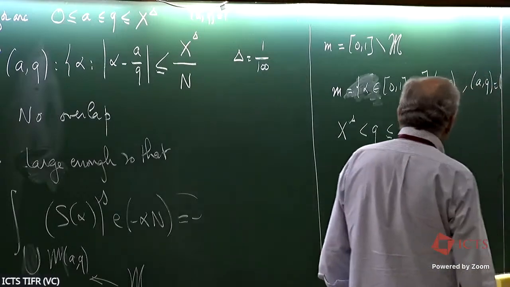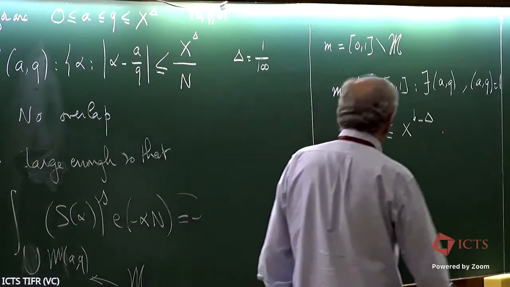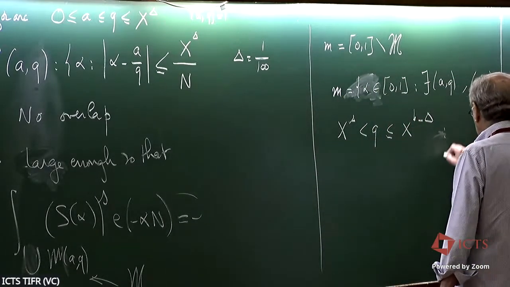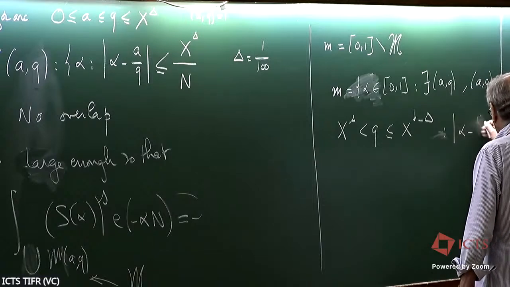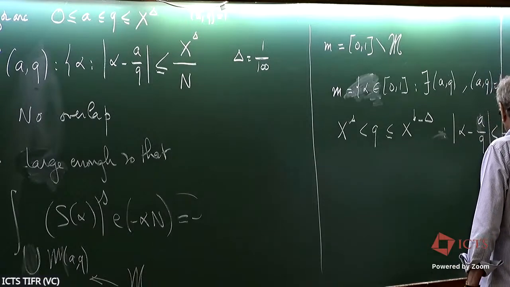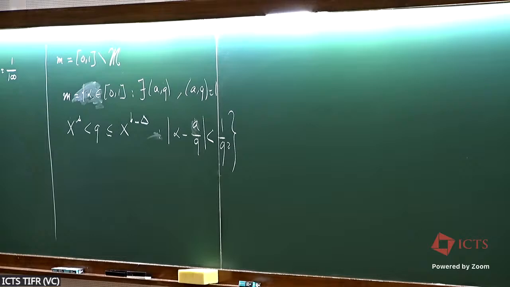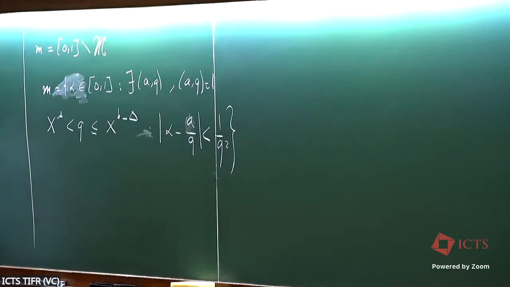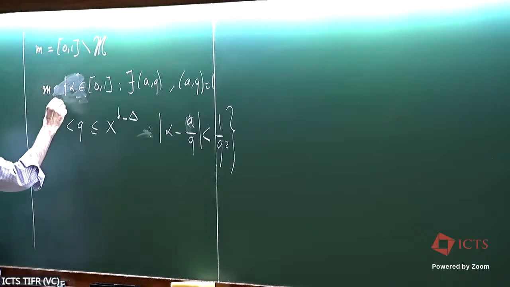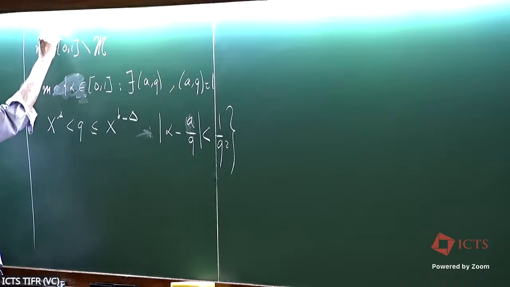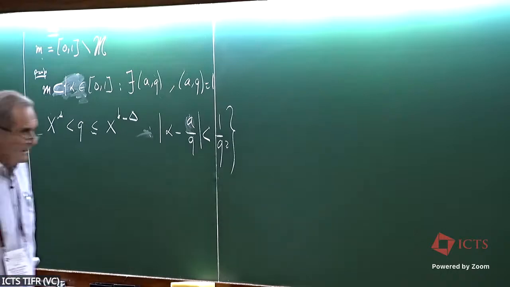Okay. So what you have to check, and the set of alpha for which there exists a Q such that alpha minus A over Q is less than 1 over Q squared. This is not true what I am saying, but what I define is that I take M, this is the definition, and this is a property that M is included in this set. That is to say that what I say is that I have the good guys.